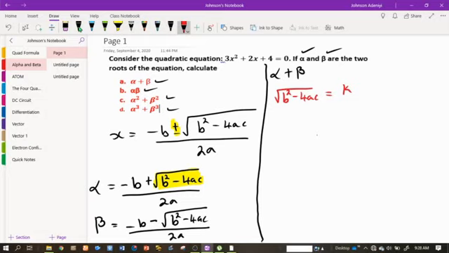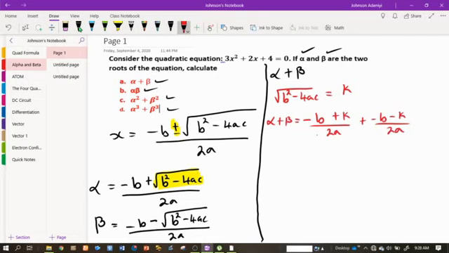So at the end of the day, alpha plus beta will be equal to minus b plus k divided by 2a, plus minus b minus k divided by 2a.